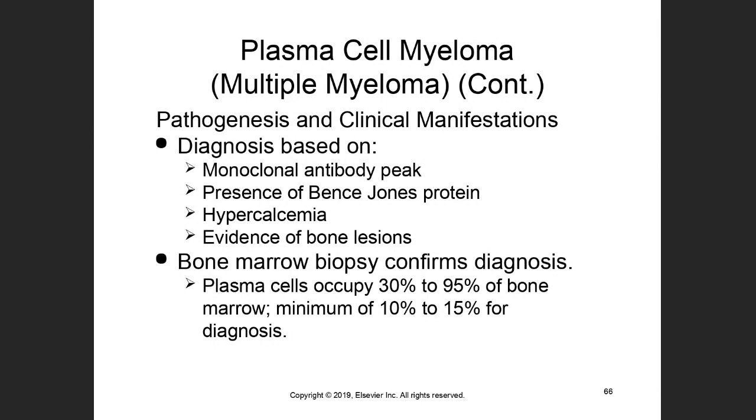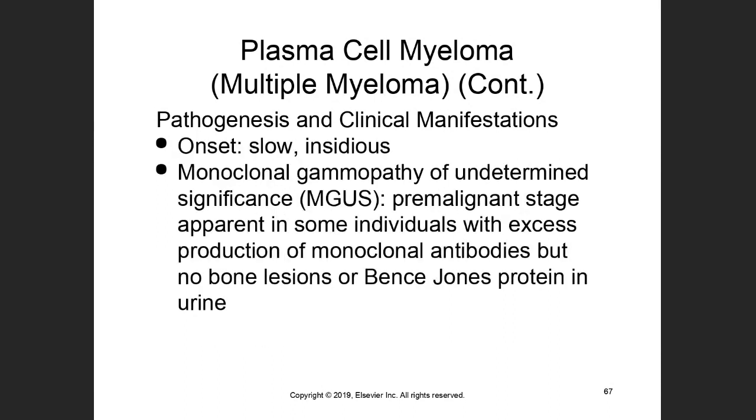Plasma cells occur in 80% to 95%. And now we have prognosis and clinical manifestations: it's slow, insidious. This is another disease, okay, that's not the same disease. They put right here multiple myeloma continuation, so forget about this. Because MGUS is monoclonal gammopathy of undetermined significance.